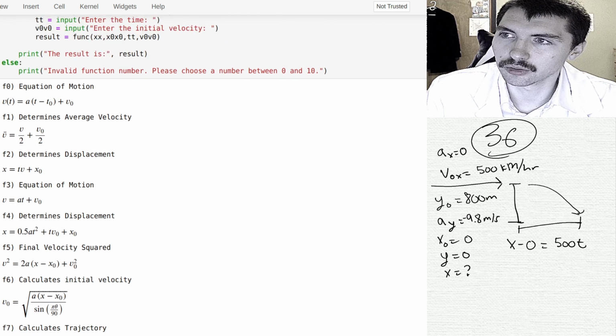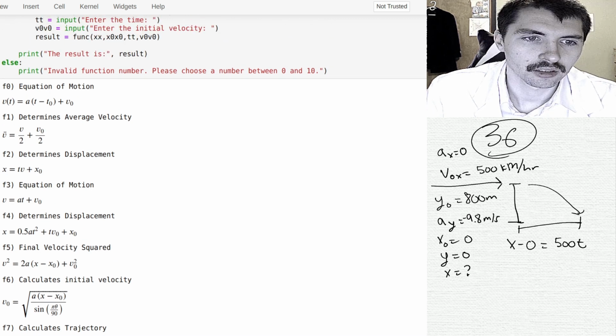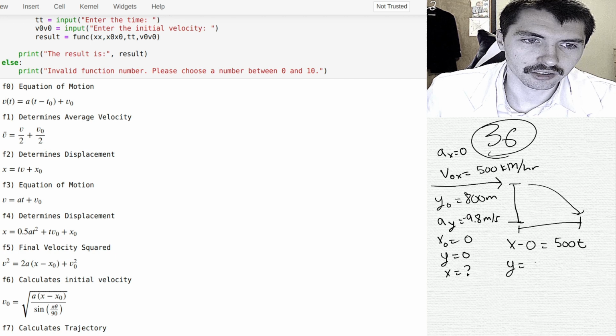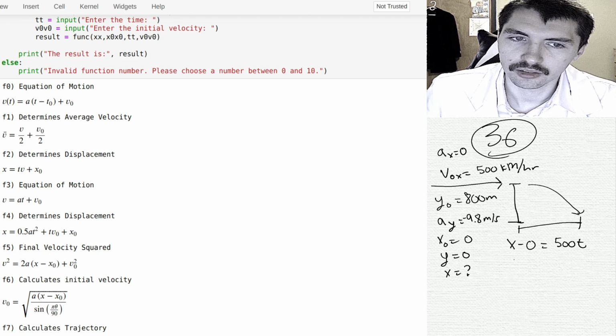So what else do we know? We know y naught is 800. Maybe we could say y is, no, that wouldn't work either. Well, okay, I guess we could say y equals v t plus x naught.